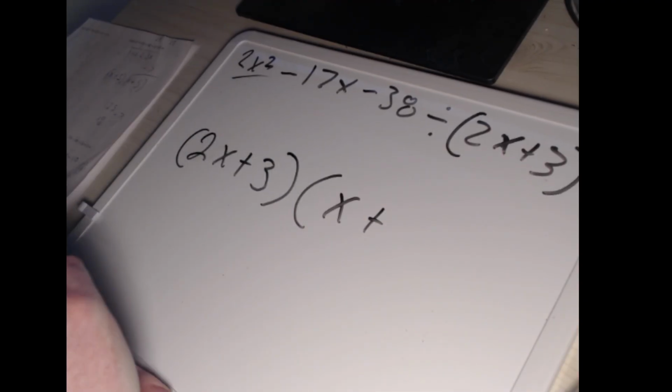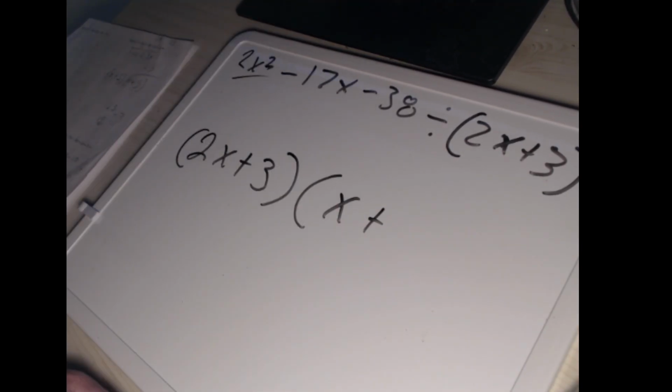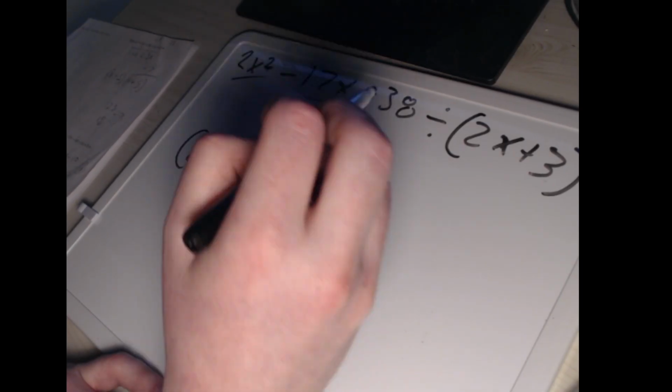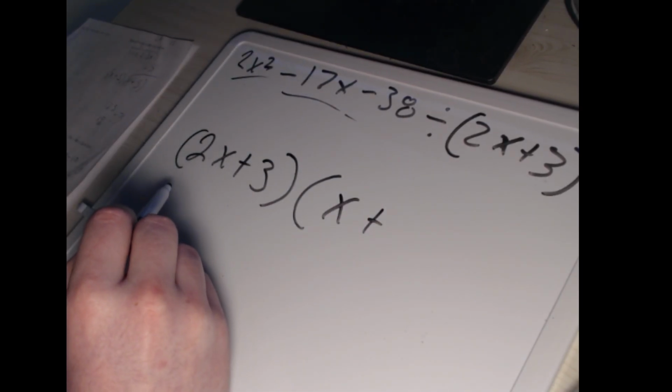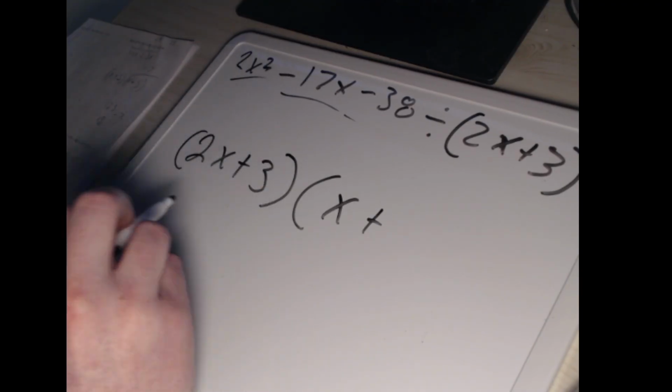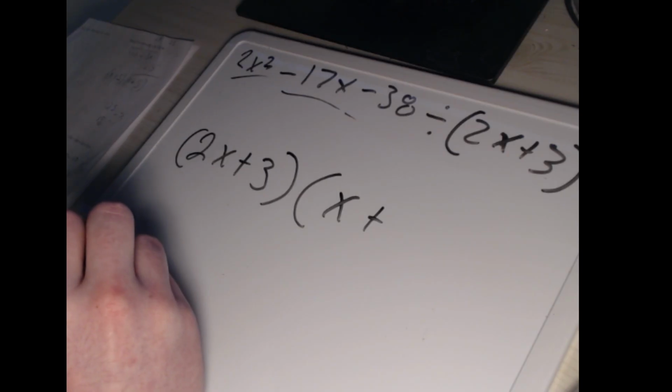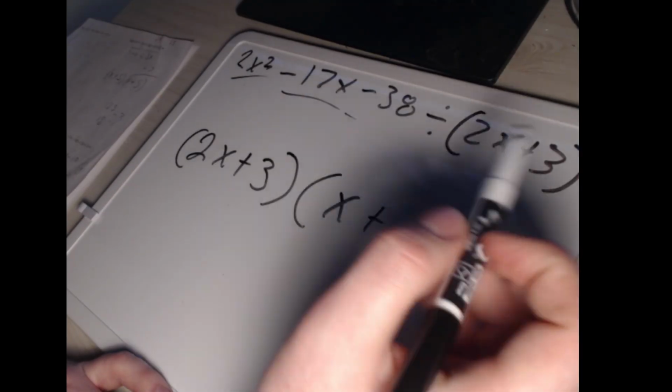So we know 2x. So we're going to have, we've got to get to negative 17. Okay, so basically we're going to have 2x.